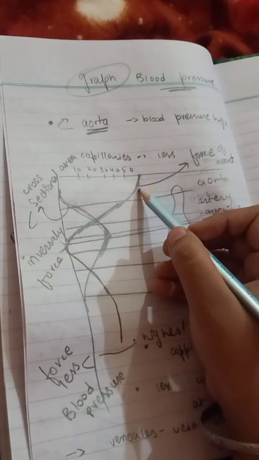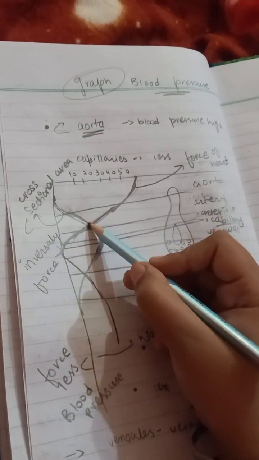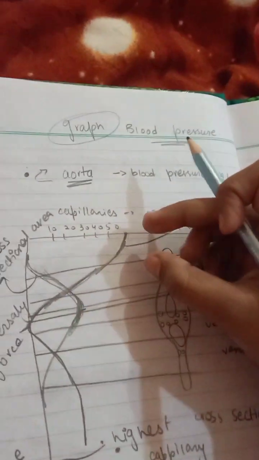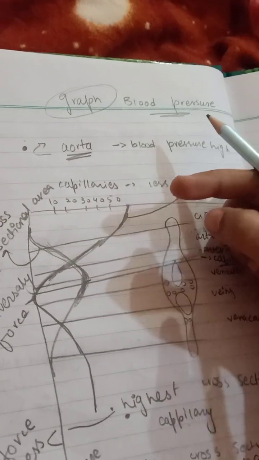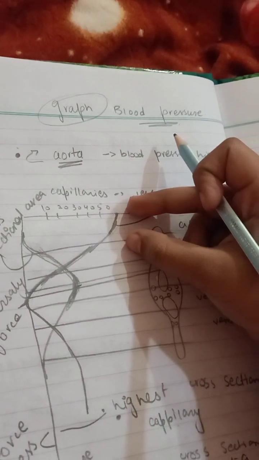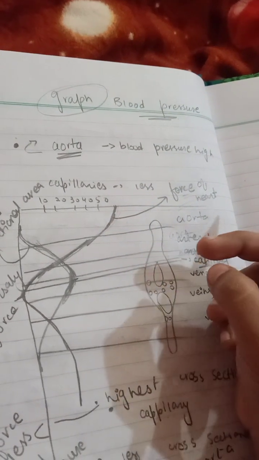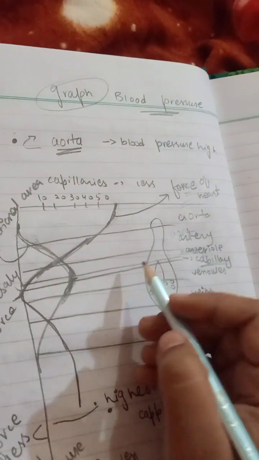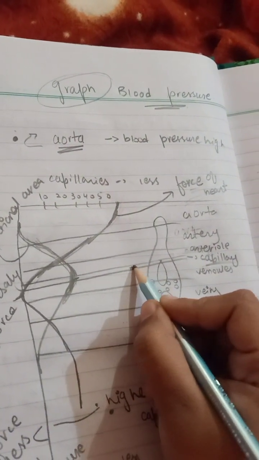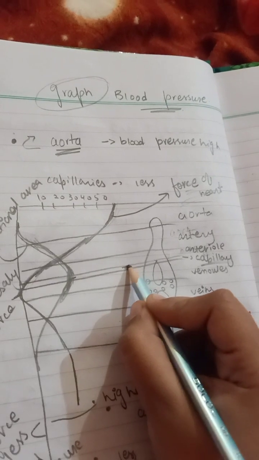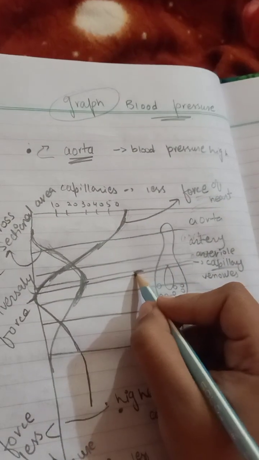Here you can see that the force is decreasing and the cross sectional area is increasing. The aorta has more pressure; as compared to the aorta, the artery has less; as compared to the artery, the arterioles have less. In the capillaries you can see very little, very small space.